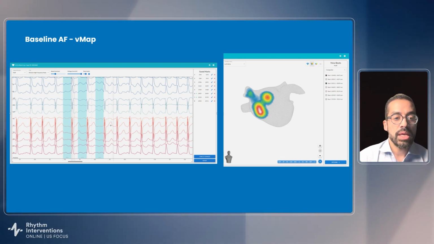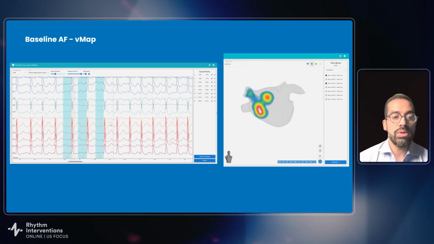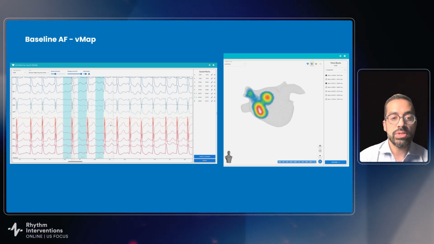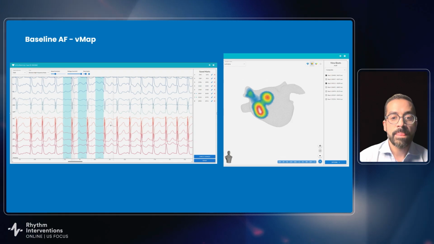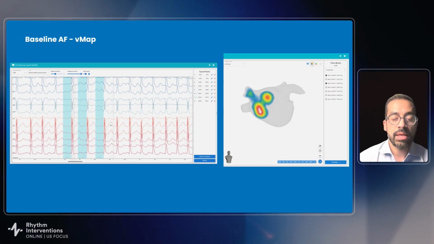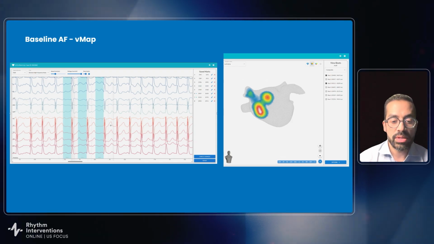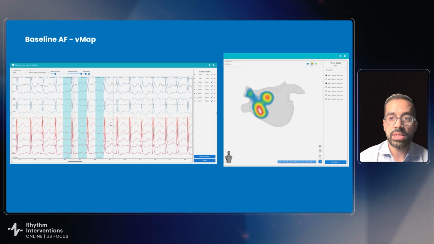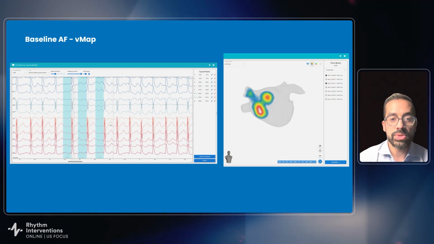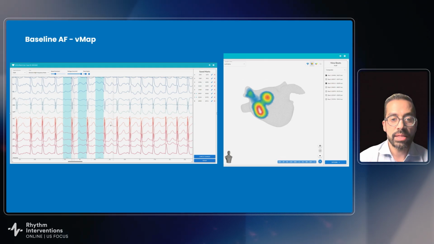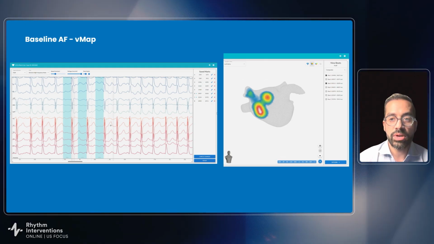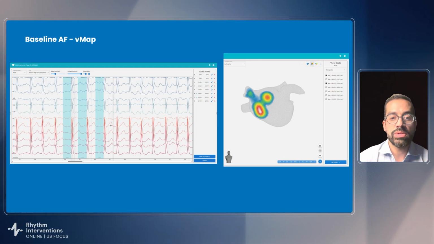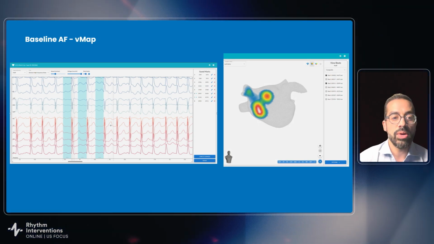So we see that in between the T wave and the QRS, we're taking multiple segments of the ECG and analyzing it in reference to the nearly 400,000 simulated models, and then demarcating the hotspots, again in our particular patient, just anterior to the right veins and on the anterior wall.